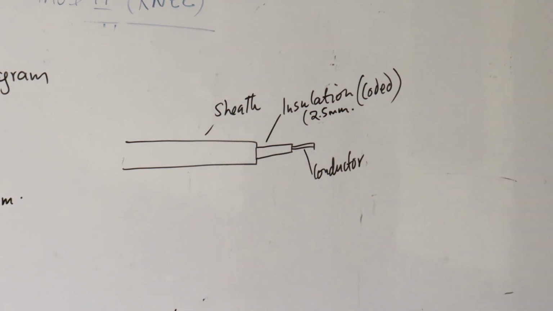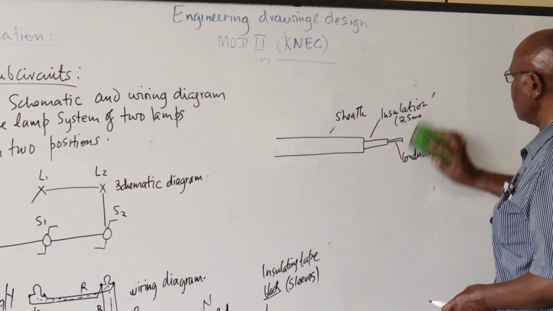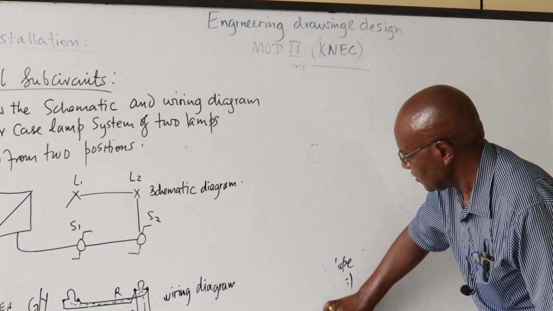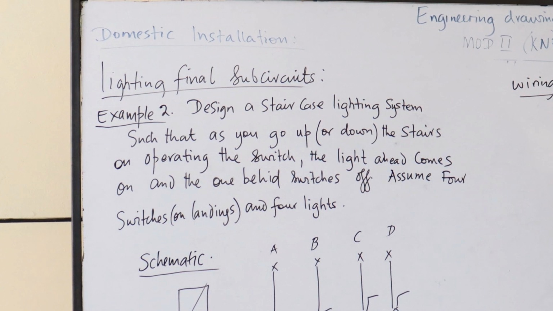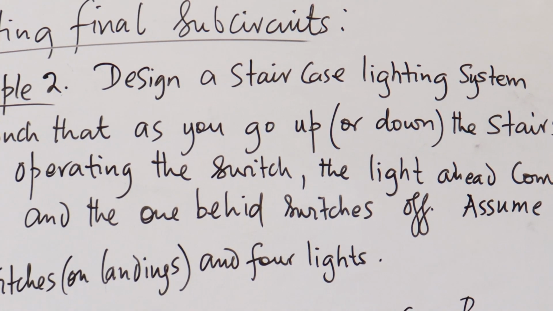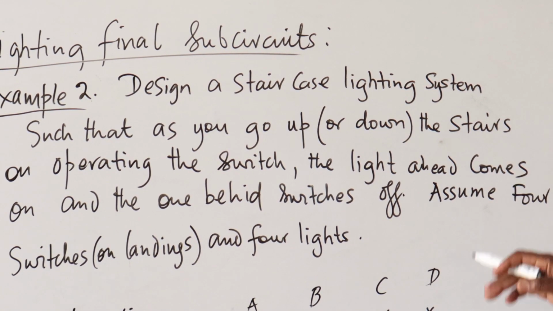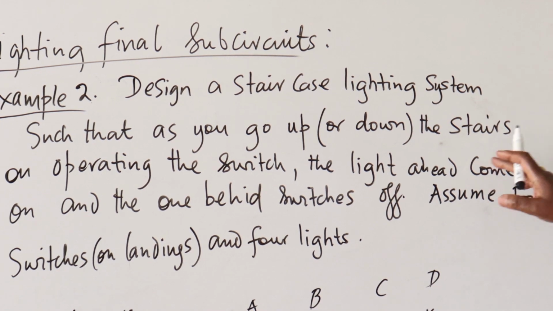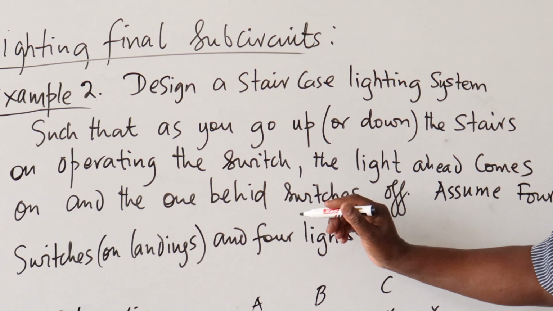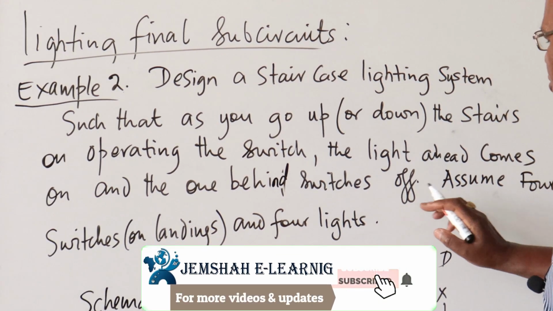The other one, we can do a final design for us to finish the circuits on our lights. So we have a look at example 2, which is design a staircase lighting system such that as you go up or down the stairs, on operating the switch, the light ahead comes on and the light behind switches off.